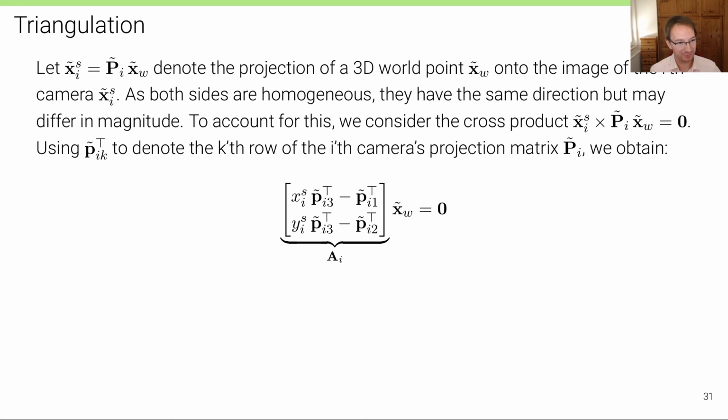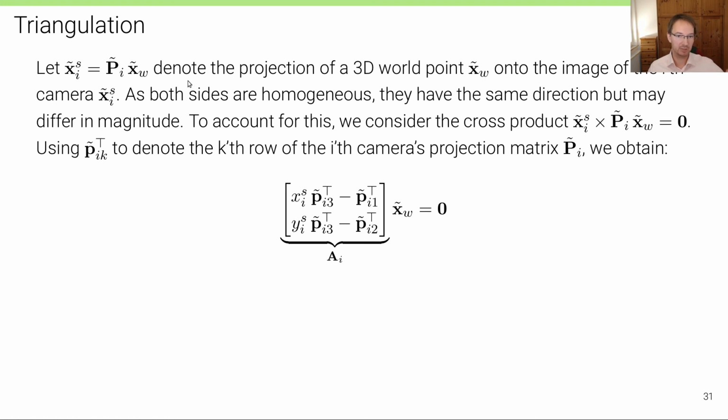And to distinguish these two, we're introducing the s as an index. So this is the 2D pixel coordinate in homogeneous coordinates. And they are related through this 3D projection, as we've introduced in the last lecture. This is the projection matrix, the 3D to 2D projection. So this is the equation for projecting this 3D world point xw onto the image of the i-th camera.